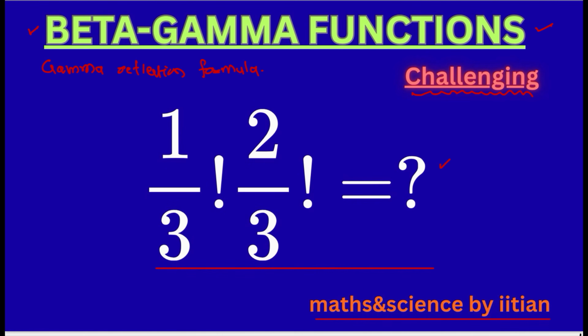In the next lecture, I will go for proving the gamma reflection formula which I am going to use in this. And also I am going to establish the beta and gamma functions relation, and from that how we can get the gamma reflection formula, and also how we can get the value of gamma 1 by 3 from there and factorial of 1 by 3.